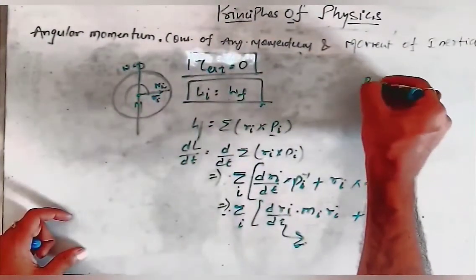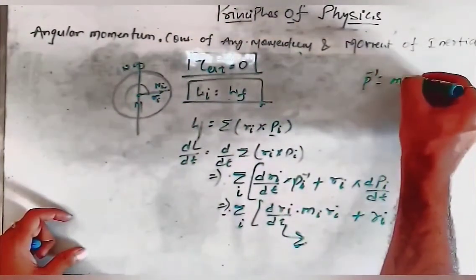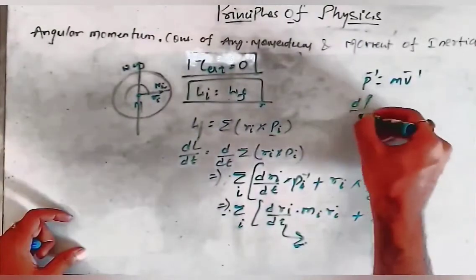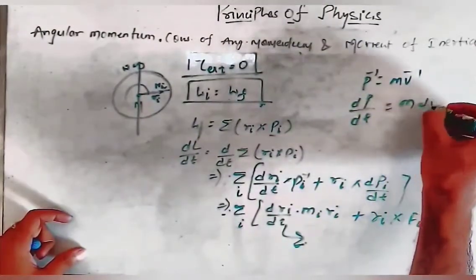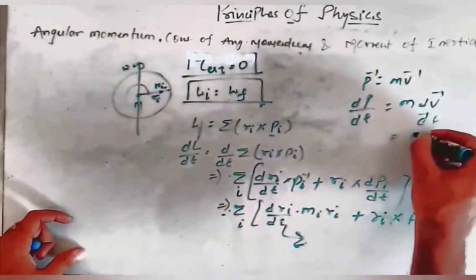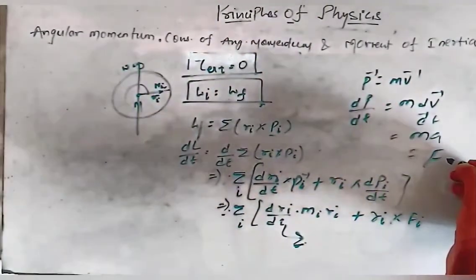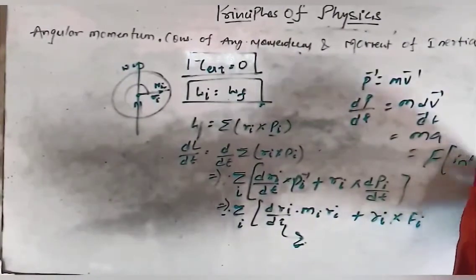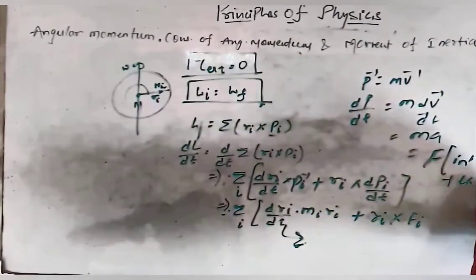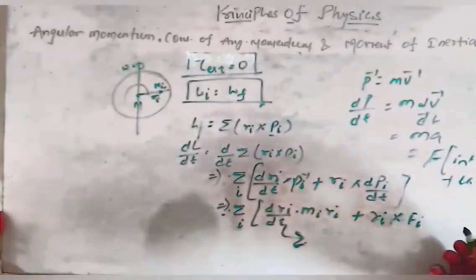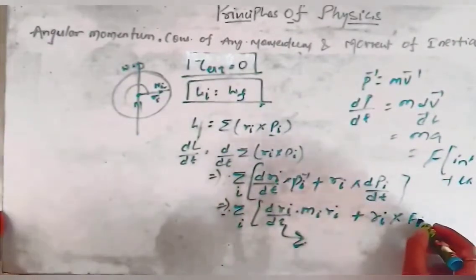We can say that p equals mv and dp by dt equals m dv by dt, that is ma. And this is the force, combining internal as well as external, totally. So we can say that it can be written as F total.